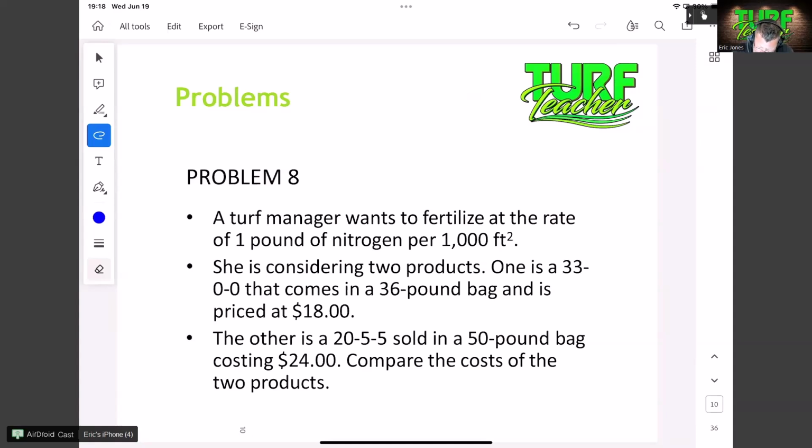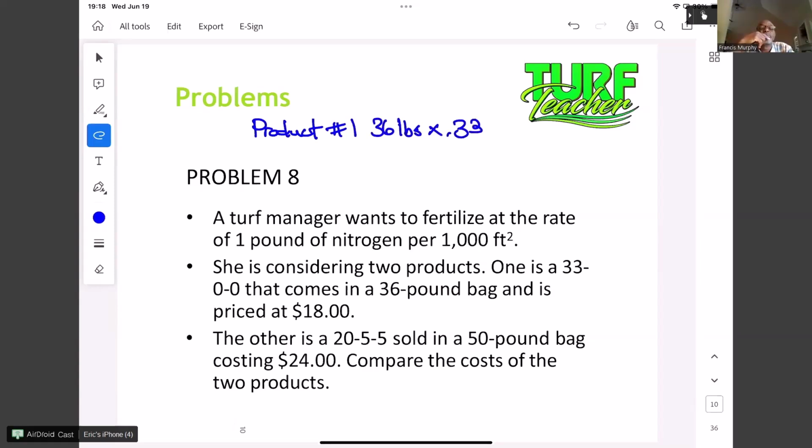So we got product number 1. Product number 1, we do have the 36-pound times the 0.33. That gives us 11.9 pounds nitrogen.